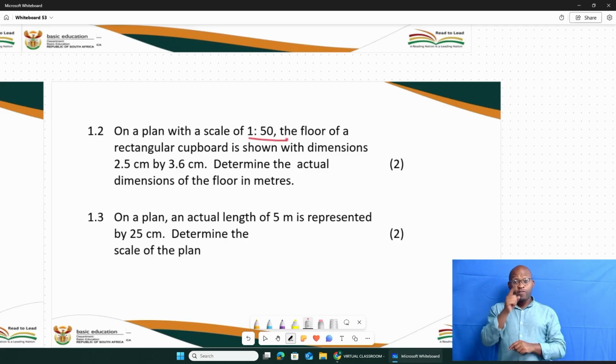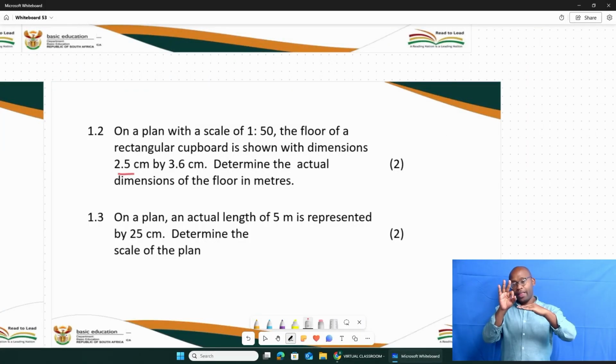Look at the scales. The scales don't have any units. Hence, if you are working with a scale, there should be no unit. It's 1:50, meaning that there's one. It is not saying 1 centimeter is equal to 50 centimeters. No, it's 1:50. So the scale doesn't have any units.